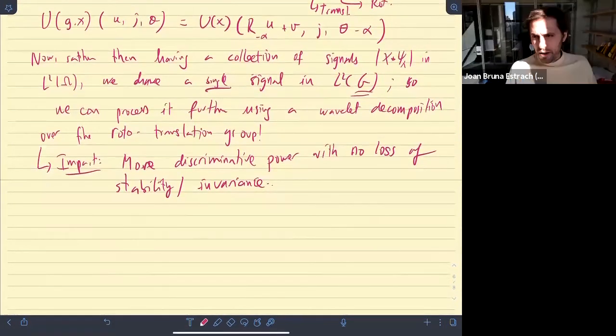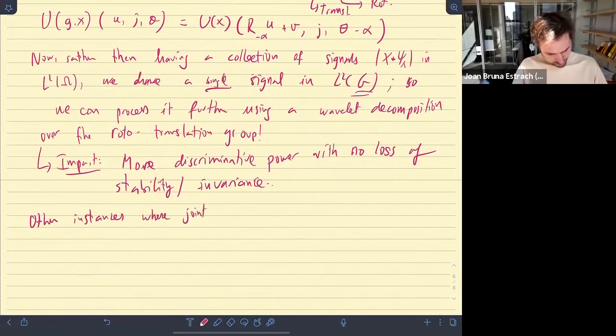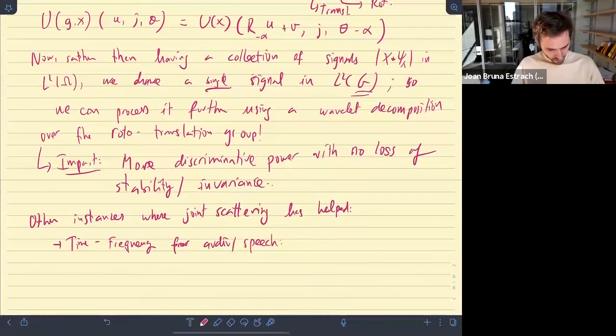Okay, and so this is something that I illustrated for the rotation and translation group, but there are other instances where this also has been working, right? Other instances where joint scattering has helped. So, for example, in the time-frequency domain for audio and speech, that's work by Joakim Andén.